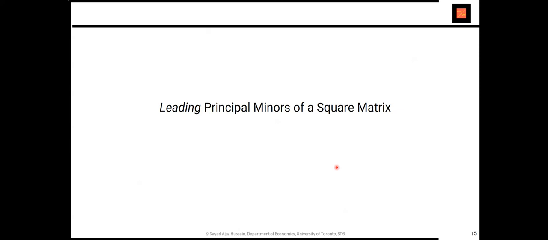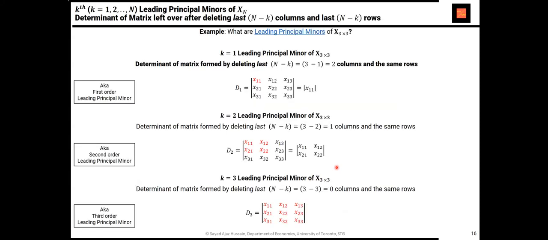It's really important now to remember there's a difference between leading principal minors and simply principal minors. Leading principal minors means the following. The easiest way to remember this is if you're given, let's say, a 3 by 3 matrix, you could consider the first 1 by 1 matrix. The determinant of that one would be the first order leading principal minor.